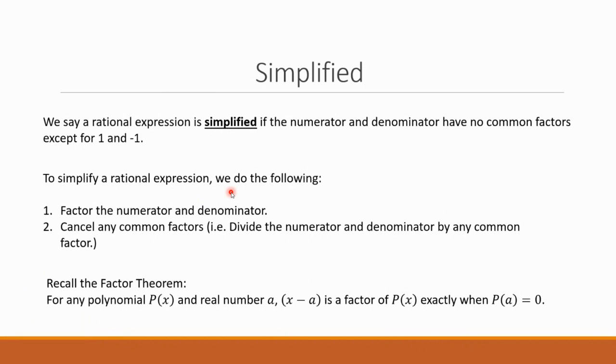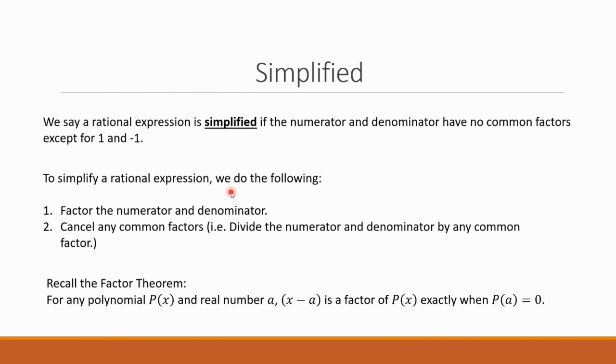Namely, we say a rational expression is simplified if it has no common factors. The numerator and denominator have no common factors except for 1 and -1.